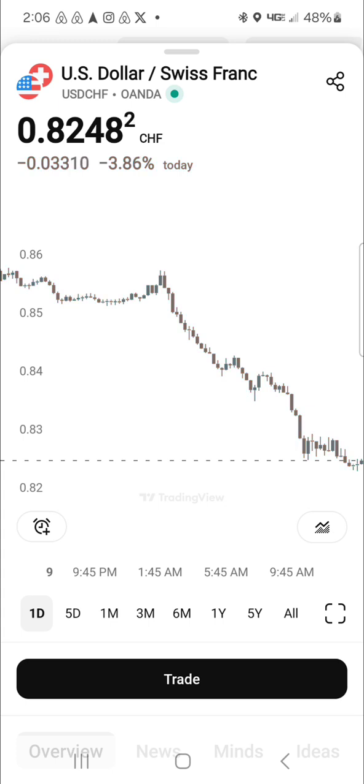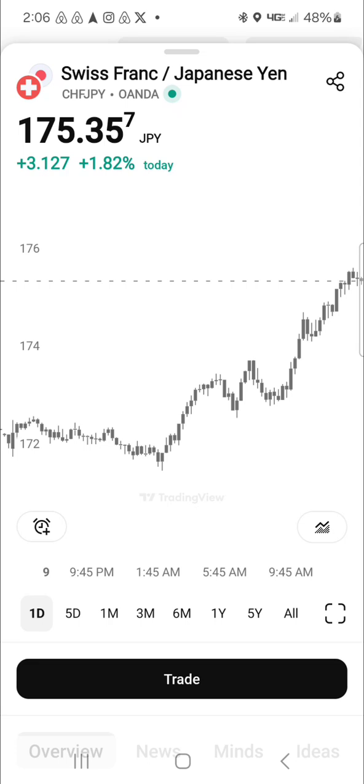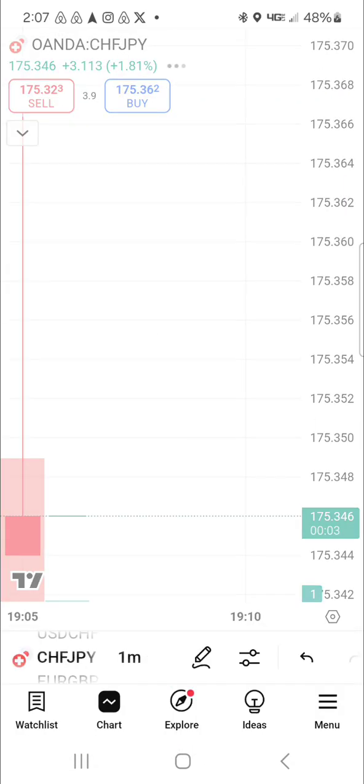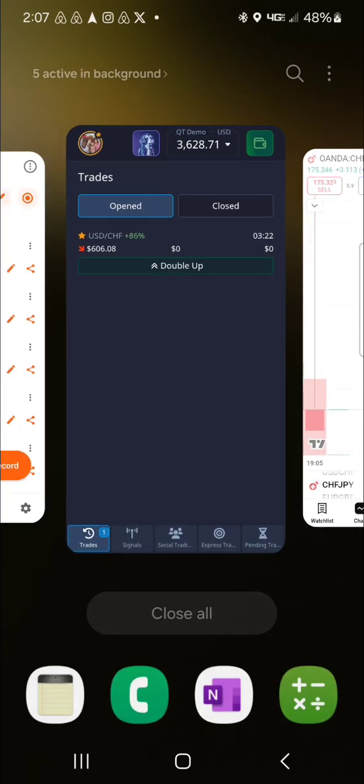It's at 8248 now. I'm not sure what's going on. Is this thing frozen? Looks like TradingView is frozen.